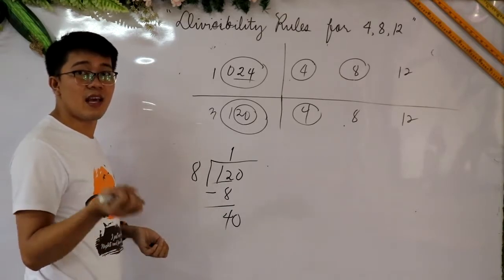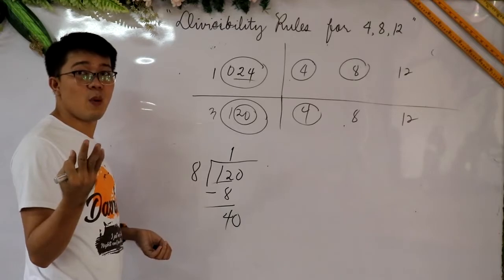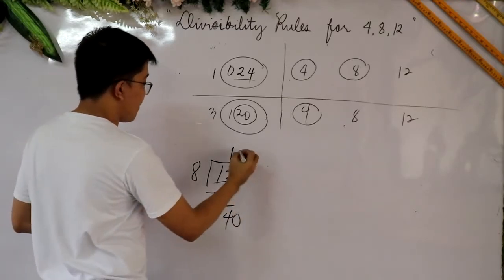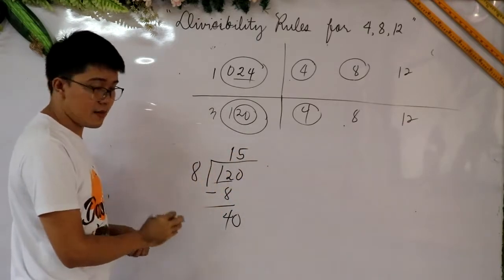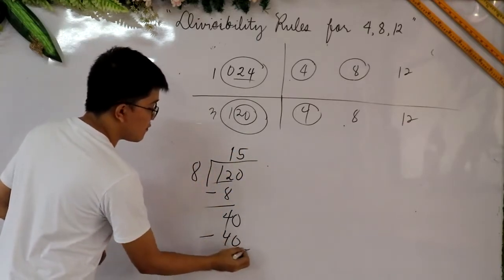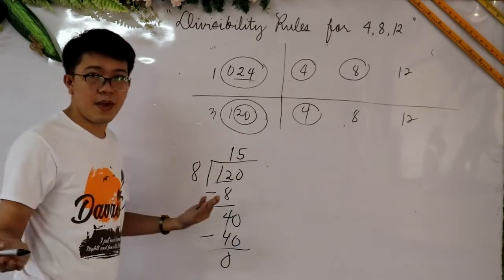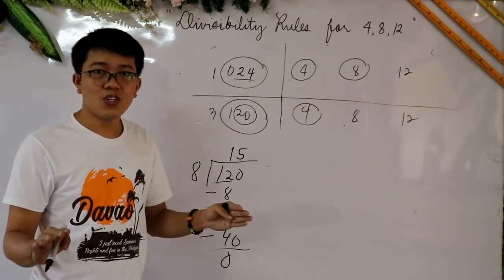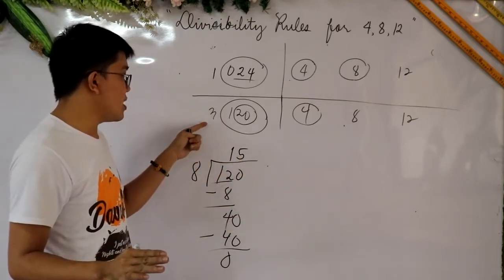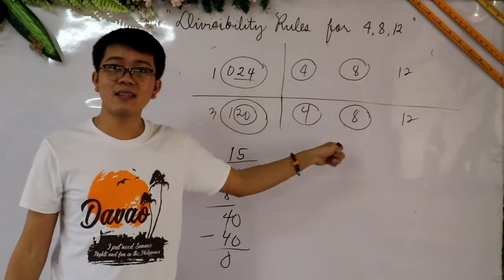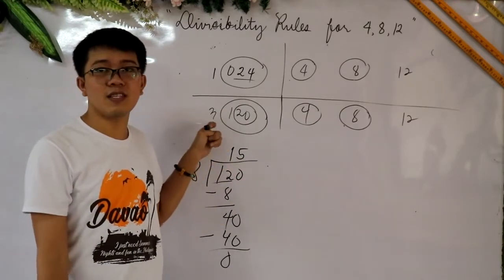Let's keep count. 8, 16, 24, 32, 40. There are 5. So 5 times 8, 40. What is 40 minus 40? Correct, 0. Do we have remainder? No remainder. So we say that 3,120 is also divisible by 8. And that makes 8 an exact divisor of this number.